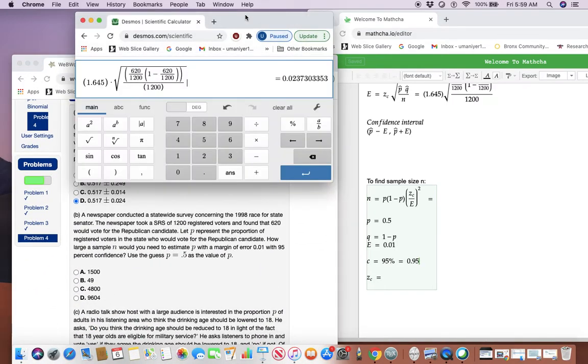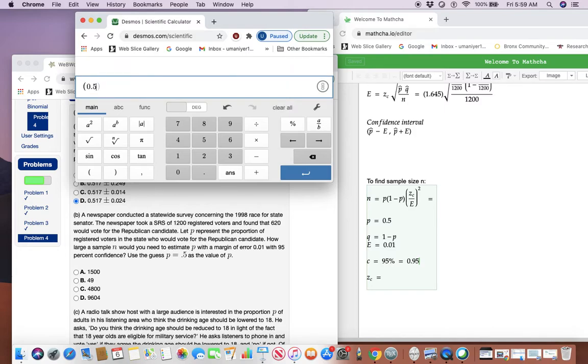P is 0.5 times 1 minus P, times something to the power 2, and what goes inside is ZC.